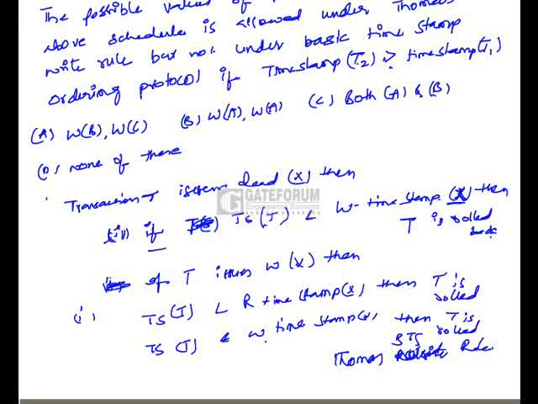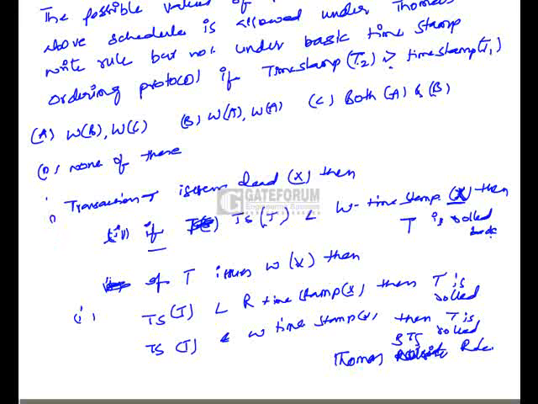Just this write operation is ignored, but the transaction is not rolled back. Whereas in basic timestamp ordering, the transaction trying to write a data item already written by the latest transaction will be rolled back.